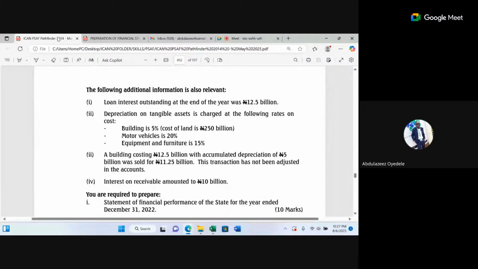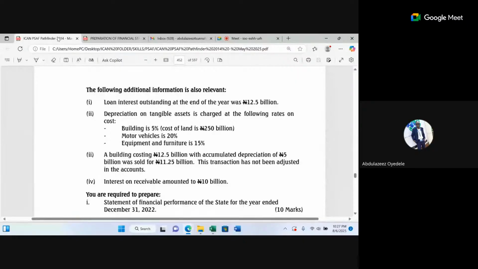So the format will generally be a little different, technically. The point here is that the revenues should be identified, and then the expenditures as well should be identified and deducted from it in order for you to get the surplus.